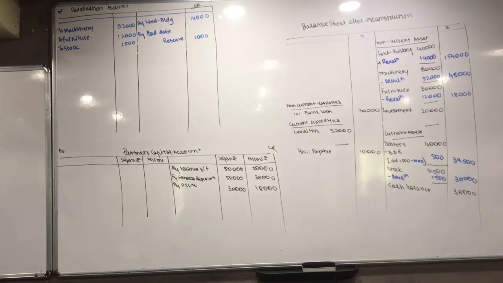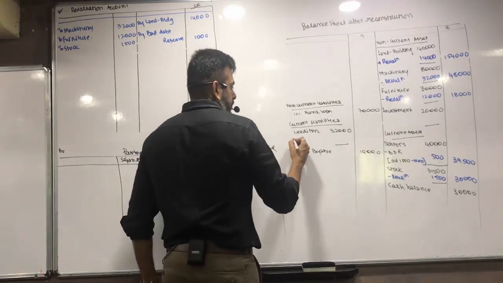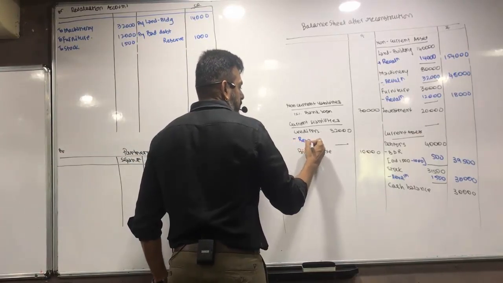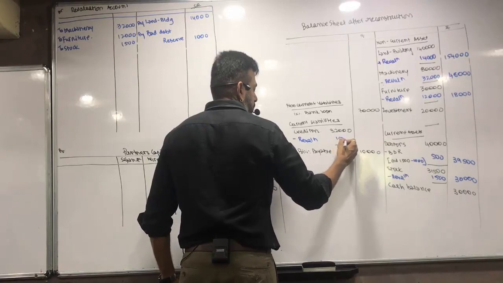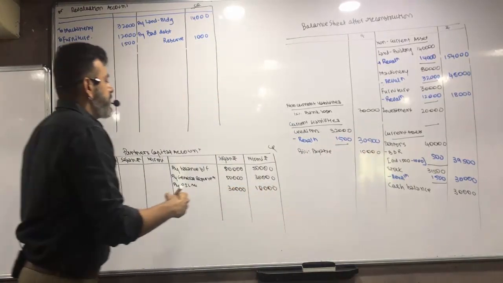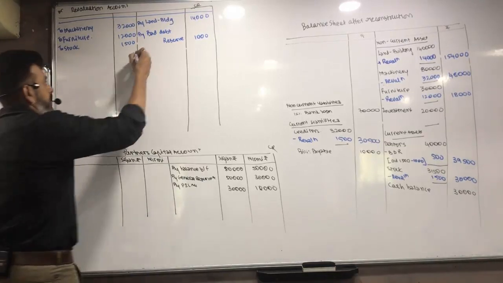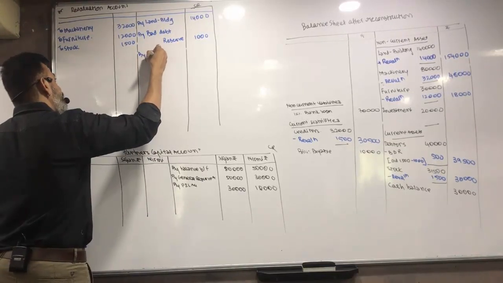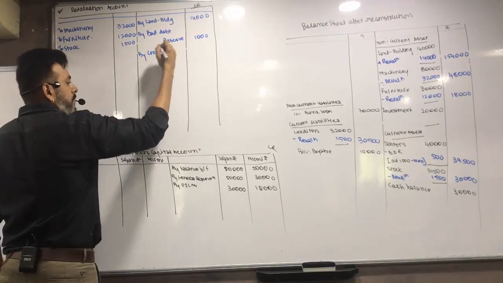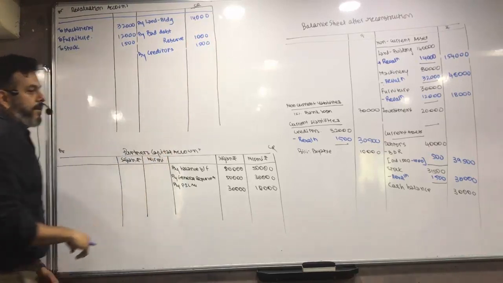1,500 out of creditors is now not to be paid, which is recorded in the books. So creditors, minus. $30,500. Second effect, benefit or loss? Benefit. So credit side. By creditors 1,500.